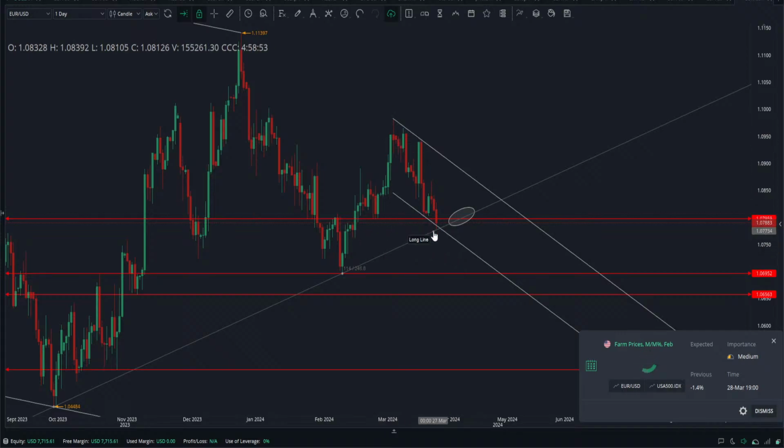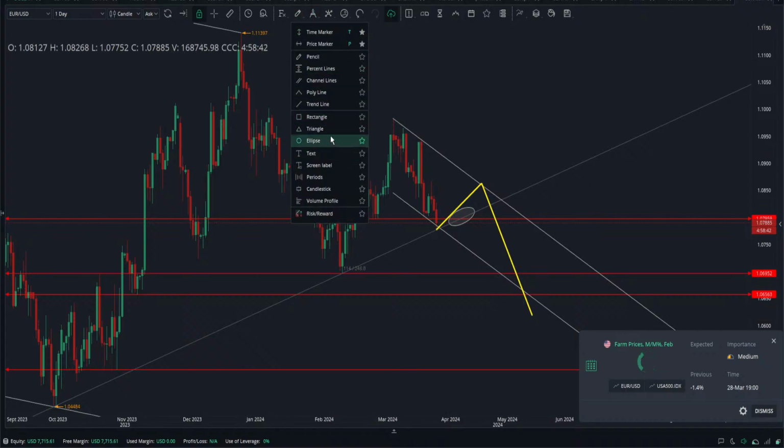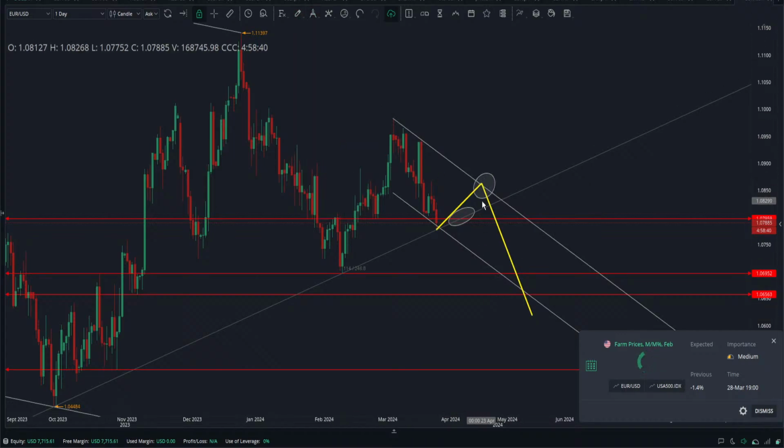So my bias has changed to bearish. Now, if my bias has changed to bearish, I would like to see something like this happening. And in that case, I will be trading the channel, but somewhere here. I will not be buying this channel now. I'll be selling this channel at the peak over here. Getting my point?